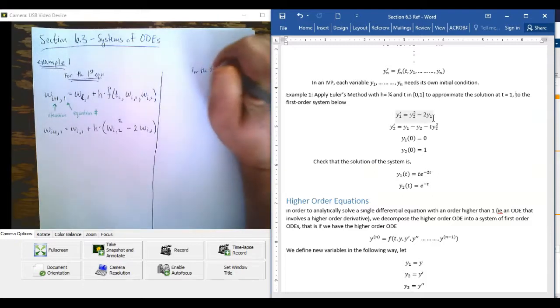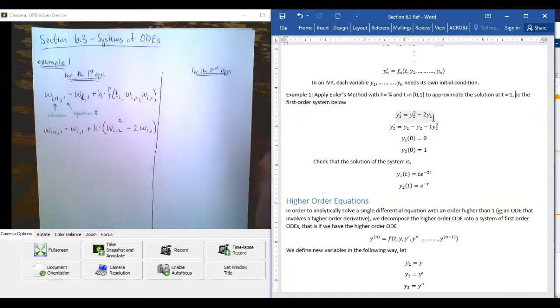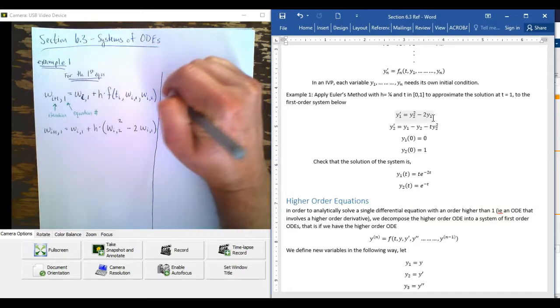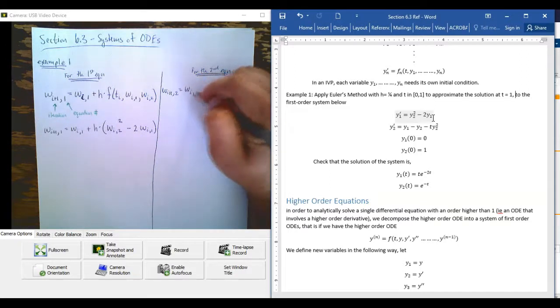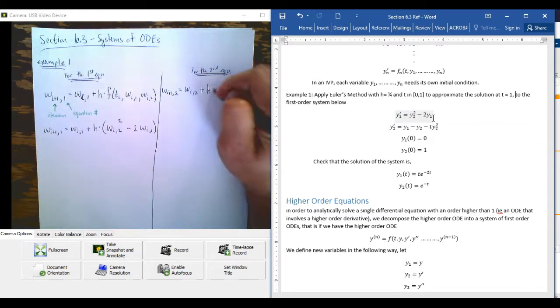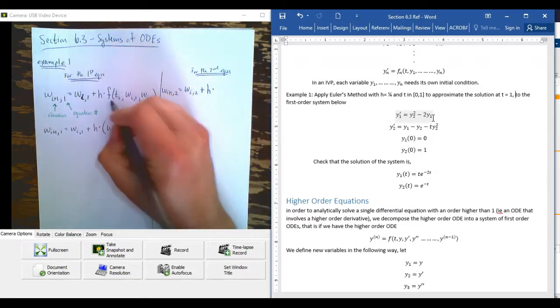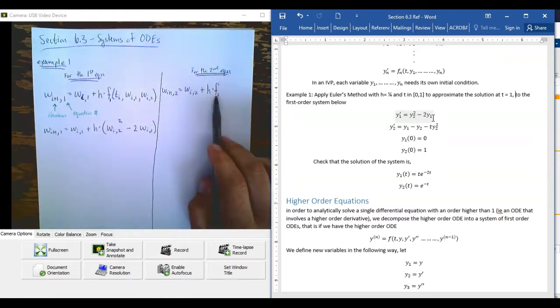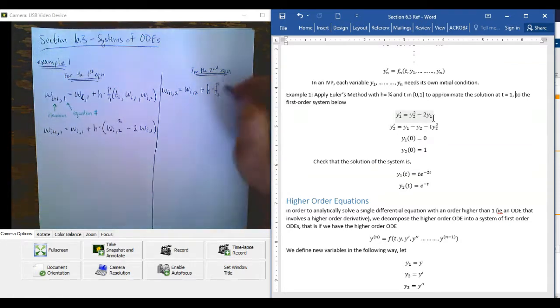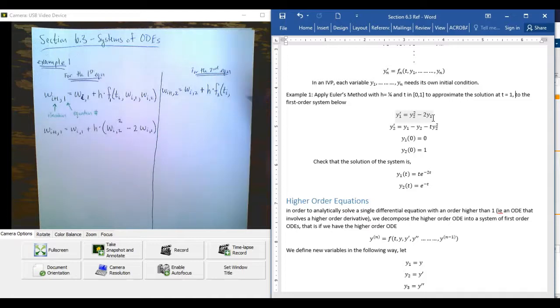The next approximate value for the second equation would be the previous one for the second equation plus h times f2, the right-hand side of the second differential equation, evaluated at the previous t, the previous approximation for the first function, and the previous approximation for the second function.